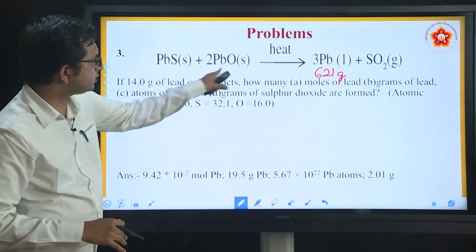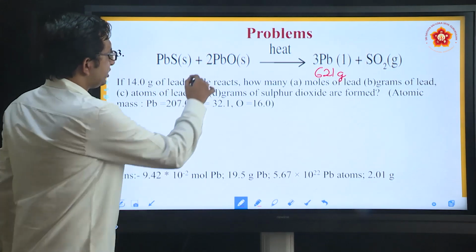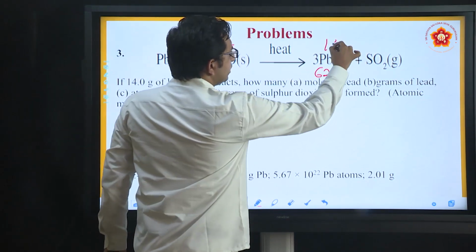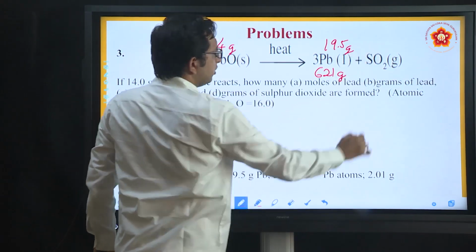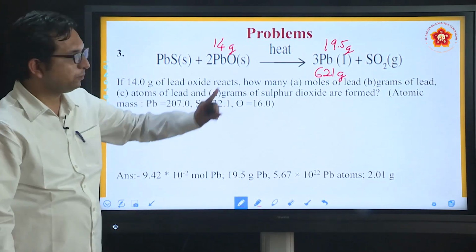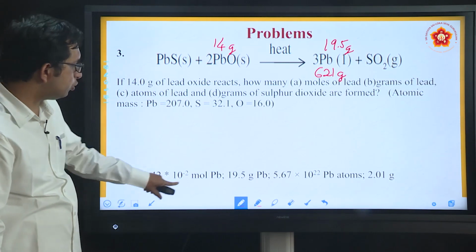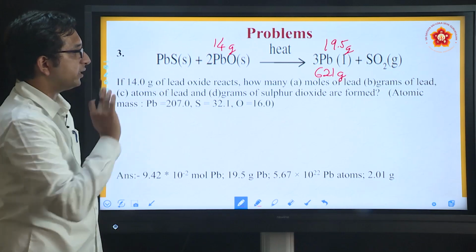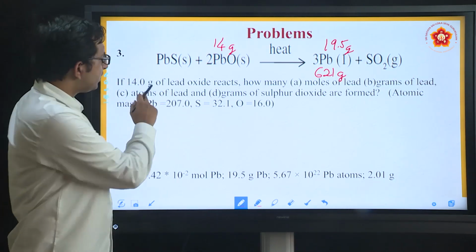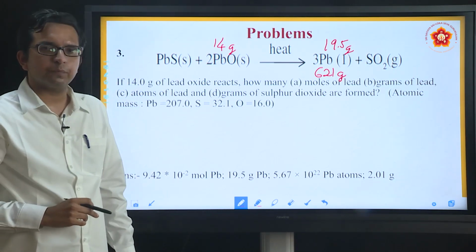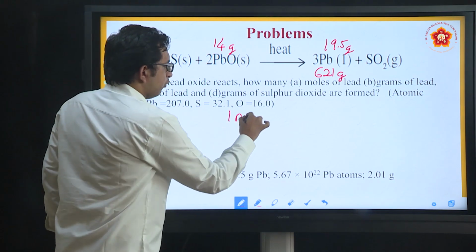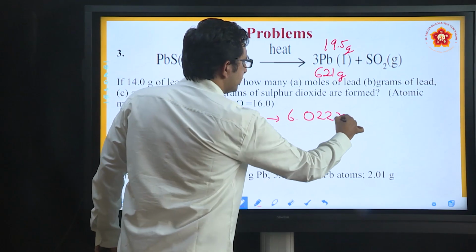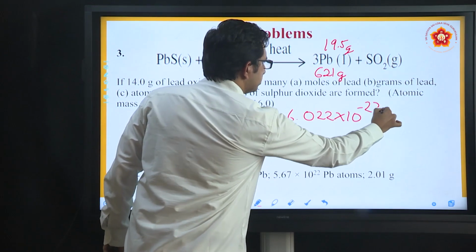But if you take only 14 gram of PbO, you are only getting 19.5 gram of lead. And we already know how many moles of Pb are formed in that case. So how do we understand the atoms of lead present? We know very well that for 1 mole the number of atoms is 6.022 into 10 raised to minus 23.